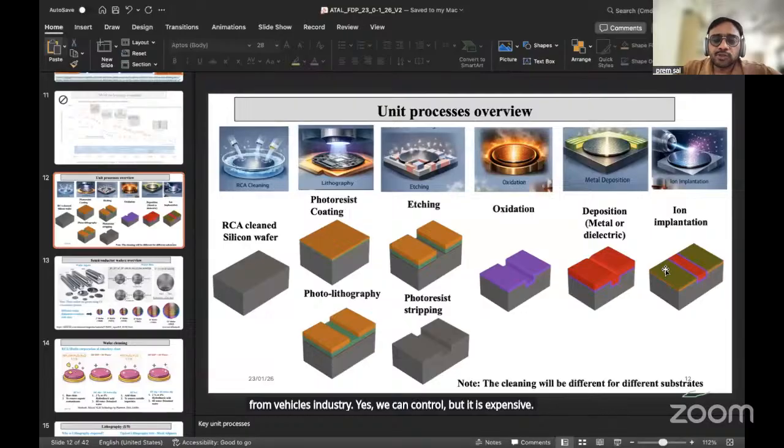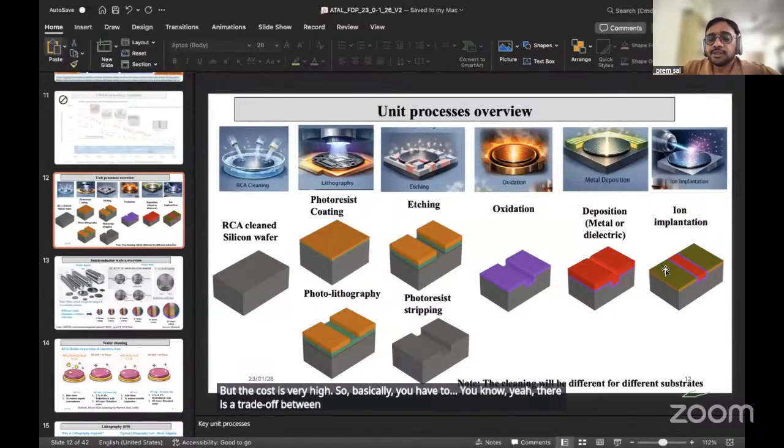You have to keep changing the HEPA filters very frequently. In our lab here at IIT Bombay, they used to change them every 2 years, but the cost is very high. So there is a trade-off between cost and the quality of the air.